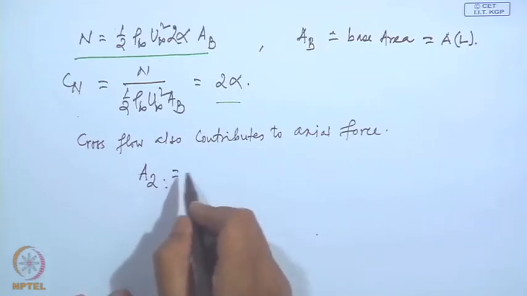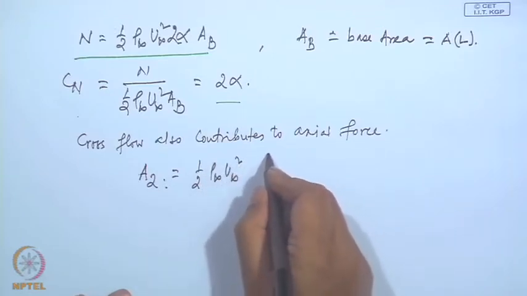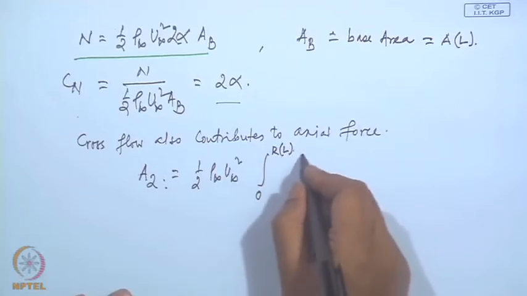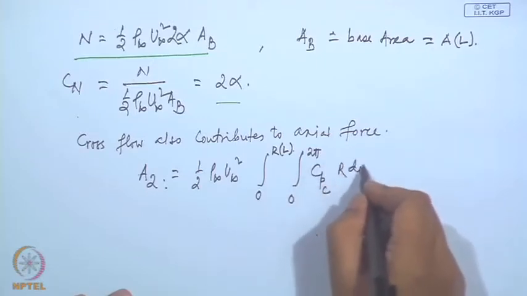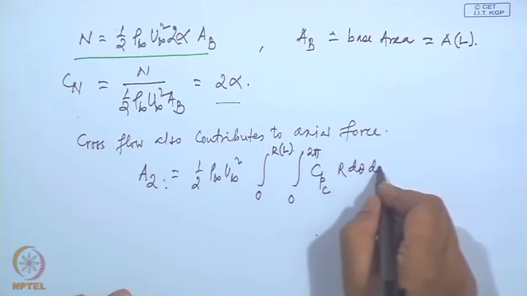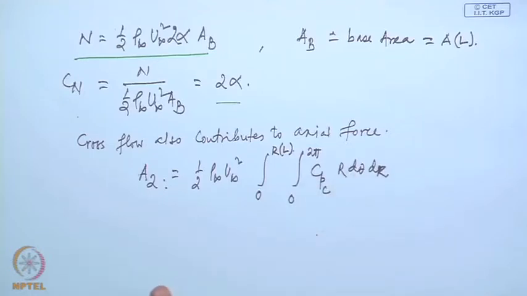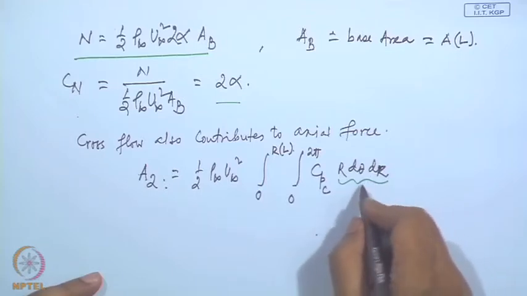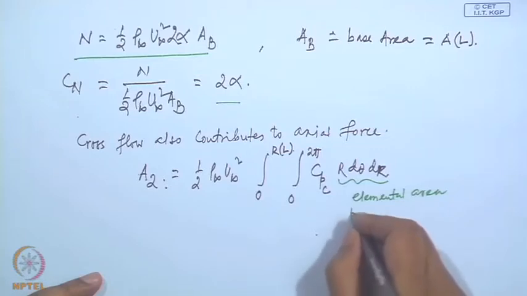Then we get A 2 equal to half rho infinity u infinity square into integral 0 to R L, 0 to 2 pi, C P C R d theta d r, where r d theta d r is the elemental area projected normal to axis.